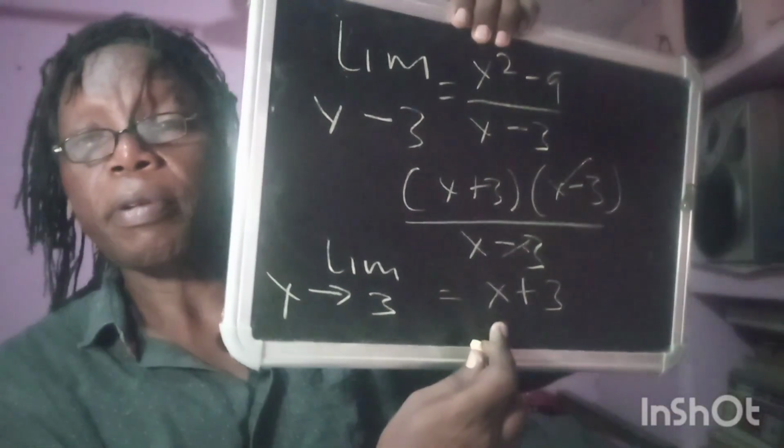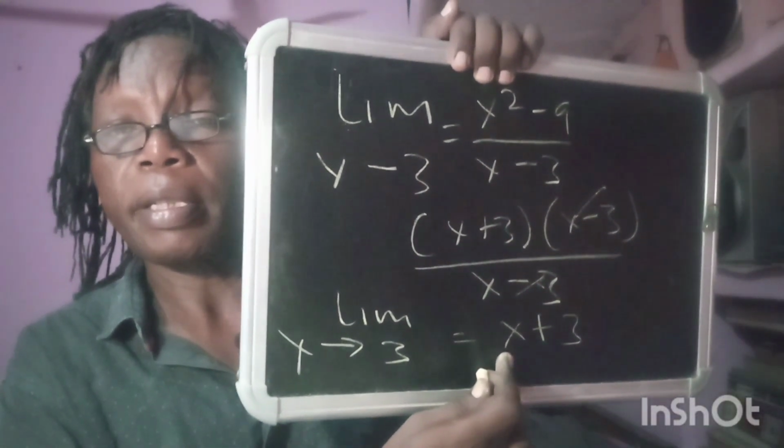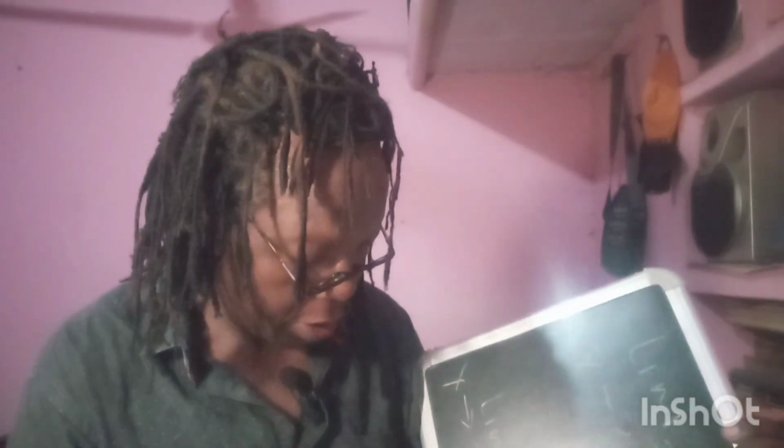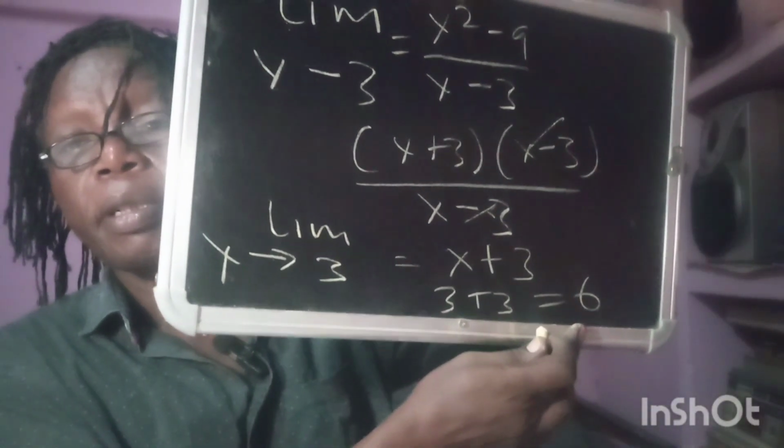Here you can directly plug in 3. Direct substitution: if you put 3 plus 3, it will be equal to 6. So 3 plus 3 is equal to 6, and this is the limit where it converges. That's another way we can do it. So this 6 is the limit.